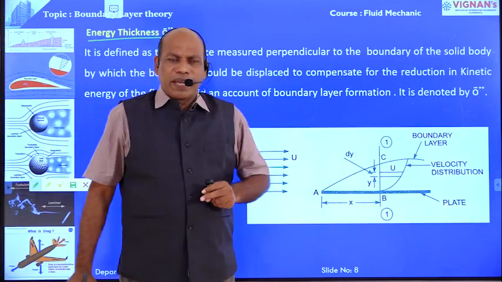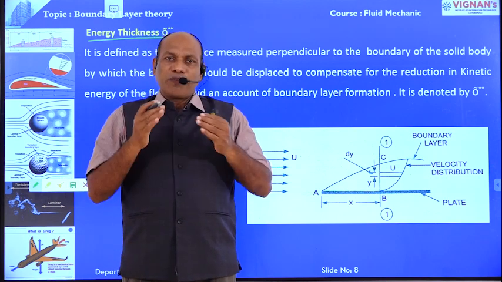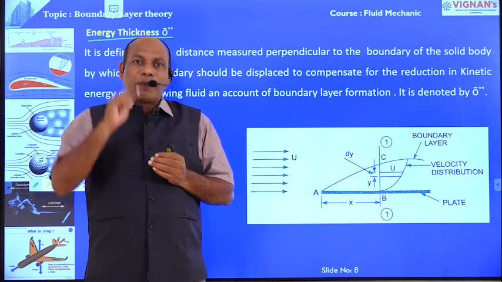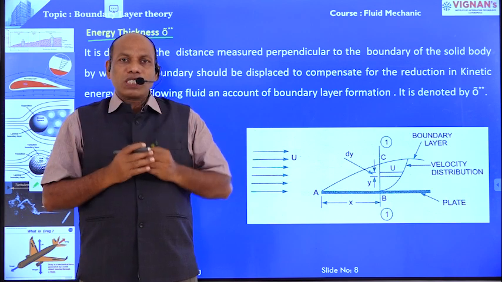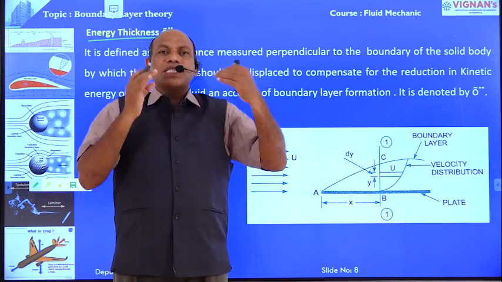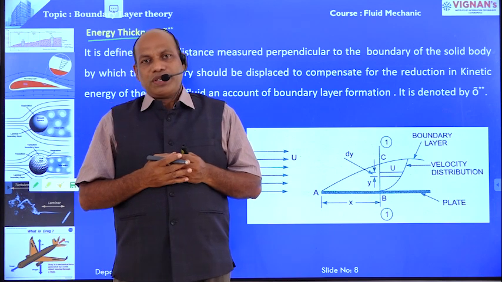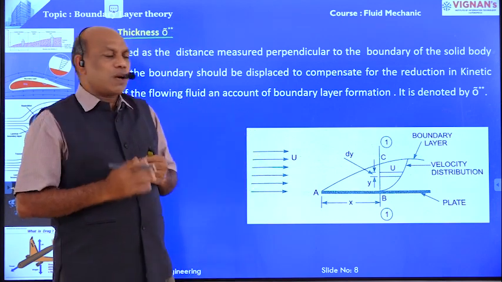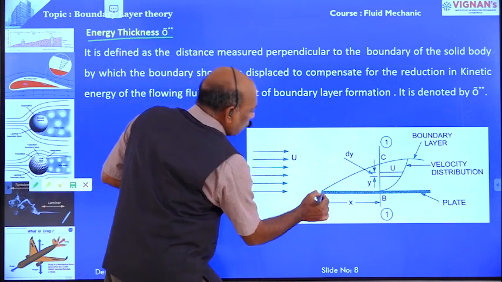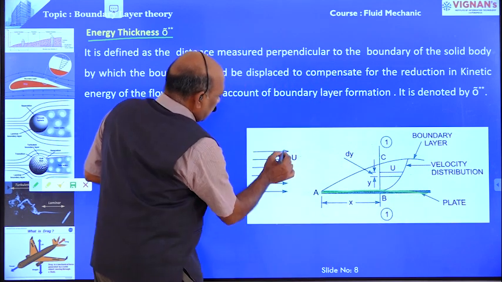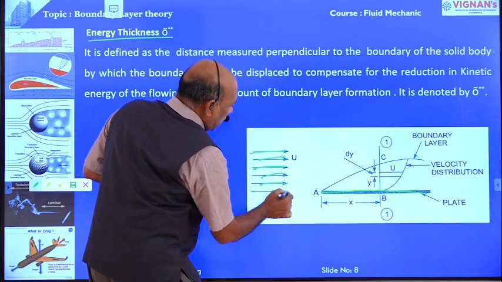This is also the same case. It is defined as the distance measured perpendicular to the boundary by which the boundary layer is displaced to compensate on account of boundary layer formation. Here also the same system. The water is flowing over the solid body.